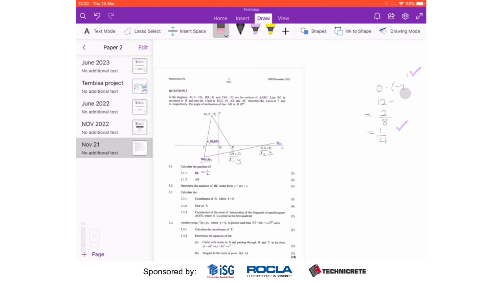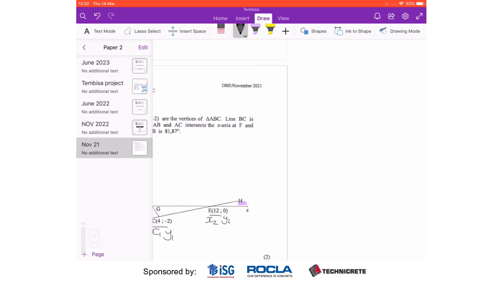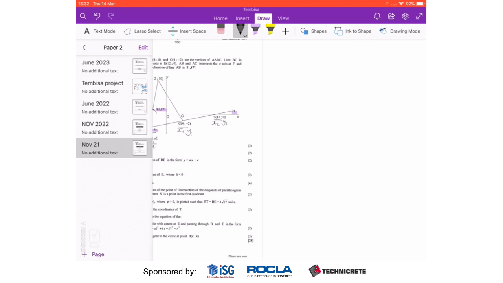Taking a look at our graph, we know that we don't have yet the coordinates of B. How are we going to find the gradient of AB? Well, they give us the angle of inclination. That is a big clue, because you should know that, for 3.1.2, the gradient of AB will be equal to tan of 81.87 degrees.